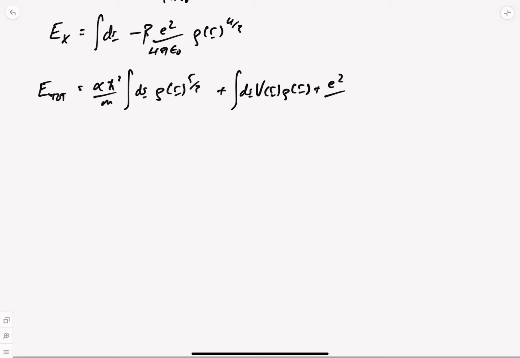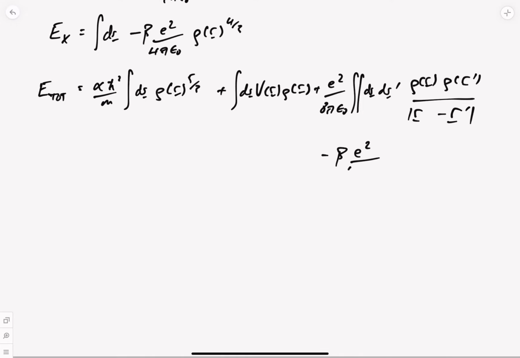We have an e squared over 8 pi epsilon naught double integral dr dr prime of rho of r rho of r prime divided by the modulus of r minus r prime, that's the Hartree energy, minus beta e squared over 4 pi epsilon naught integral dr of rho of r to the 4/3, which is the exchange energy.